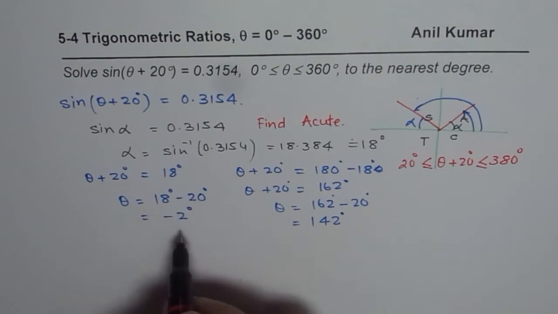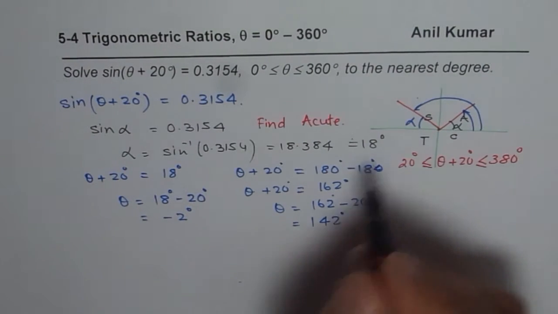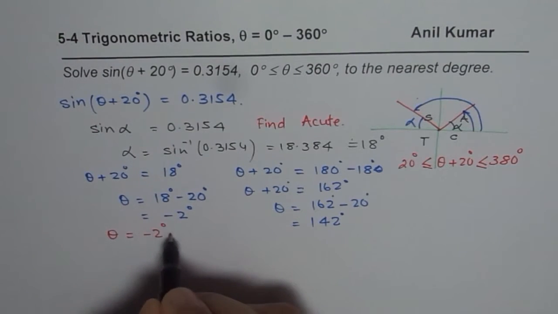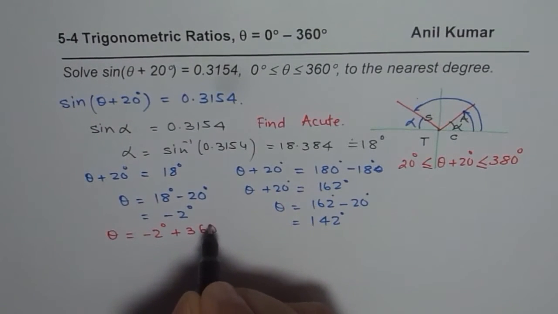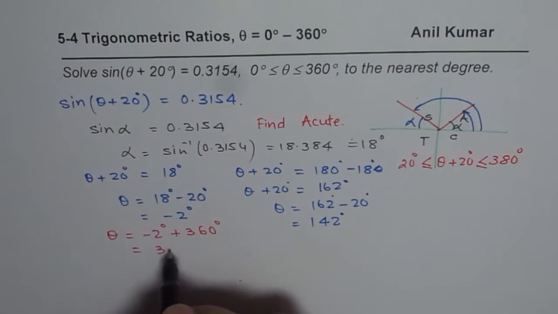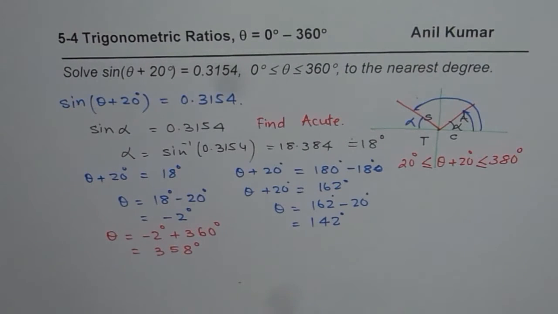So when I add 360, I'll get minus 2 degrees plus 360, right? So after one full circle, I could actually write theta equals minus 2 degrees plus 360 degrees, right? And that gives us the answer as 358 degrees, correct? So 358 degrees becomes our answer.